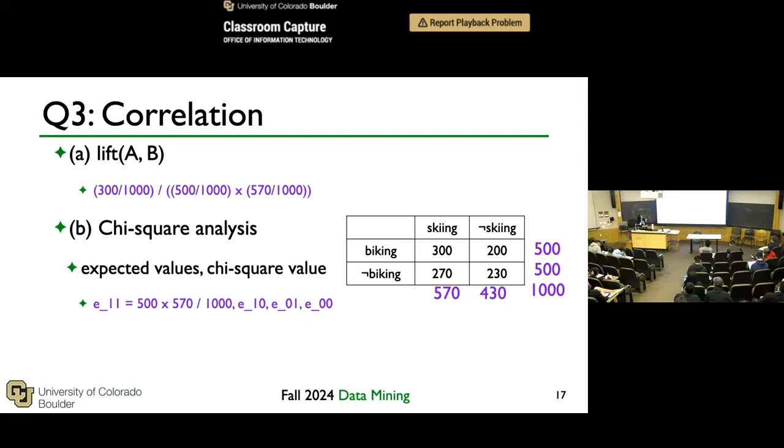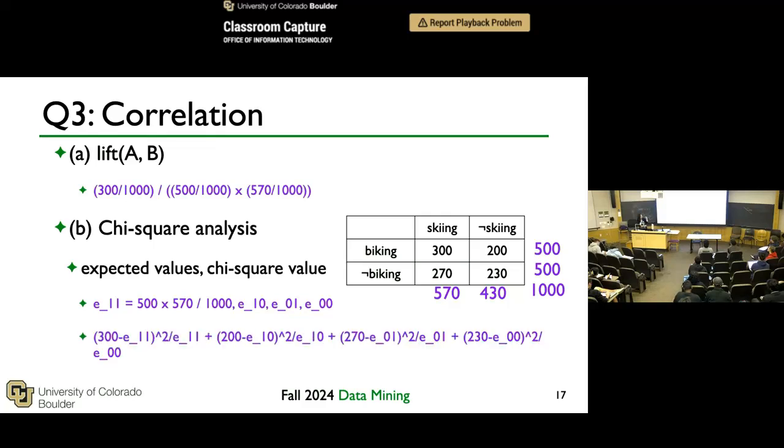So that's 500 for biking, and 570 for skiing, divided by the total n, which is 1,000. I'm simplifying this, but you need to write this out for your actual answer. Make sure you write out how you calculate the expected value for each of these scenarios.